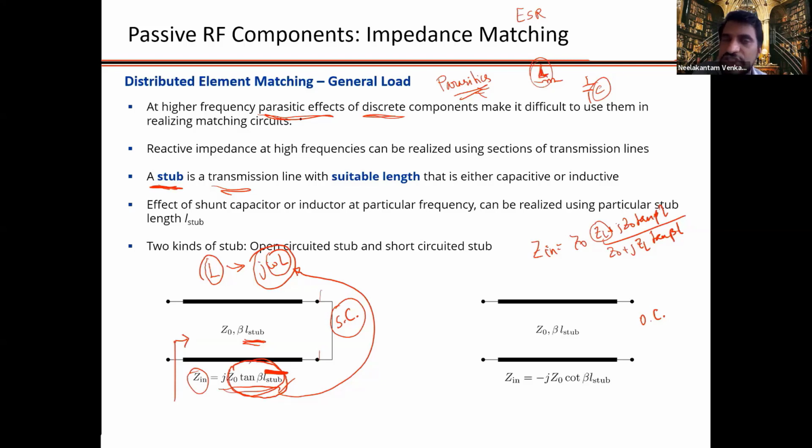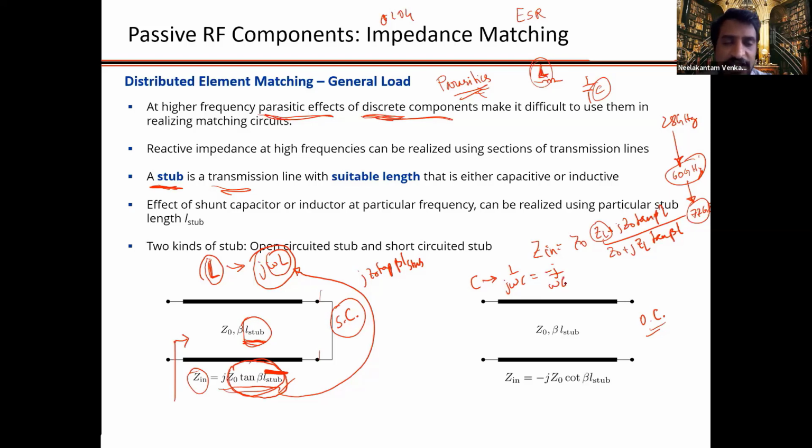You can push the frequencies because the behavior is again j Z naught tangent beta L stub, where L stub is the length of the stub. The same with the open circuit stub. If you have a certain capacitance that you need, meaning that you want a certain reactance of 1 over j omega C, which is actually negative j over omega C, this value that you want to have, this 1 over omega C, is exactly the value that you see here for an open circuited stub.